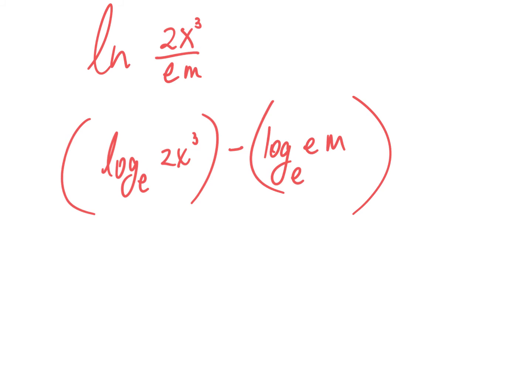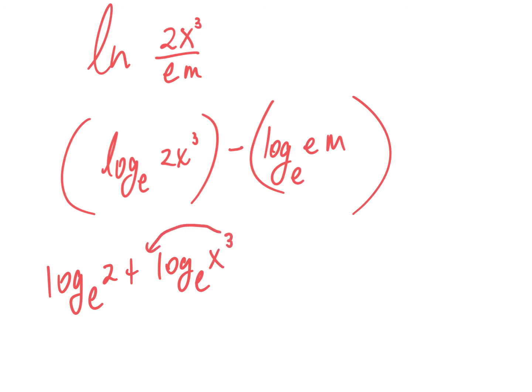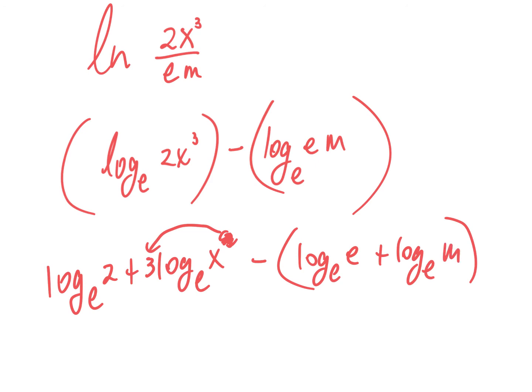And so now I break it up into log base e of 2 plus log base e of x to the third, and then the 3 has to go down in front, or I have to nick you for at least 5%. It's a minimum we can take off on a test. Okay, then I have a subtract here, and this parentheses is super important because that negative will get distributed then. Log base e of e plus log base e of m, and then this one can turn into a 1.